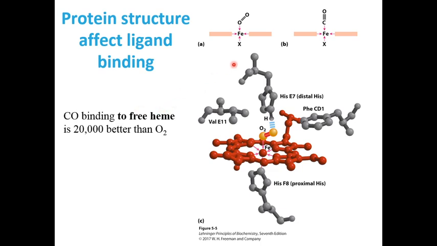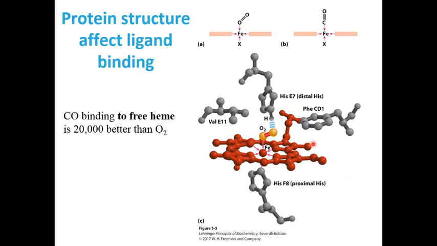For example, the specificity with which heme, which is this protoporphyrin molecule with the iron, binds to various ligands is altered when heme is a component of a protein like myoglobin.